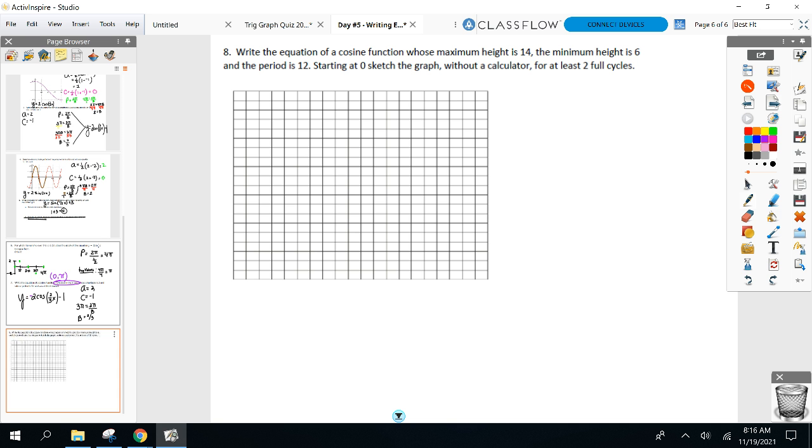You got formulas for a and c, and you got a period formula to find b. You got this. Just write the equation for me first, and then I want to talk to you about graphing. I'm kind of combining today's notes into yesterday's on this question.